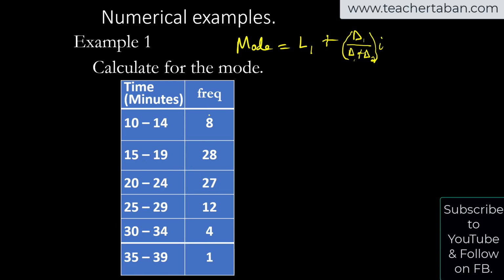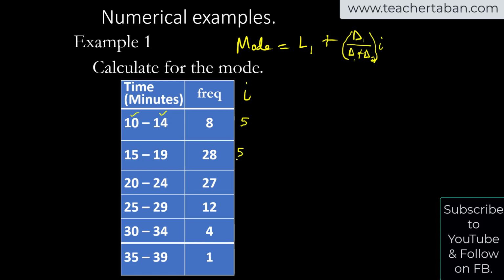So how do we get the modal class? Since we can have tables with equal class width and unequal class width, when getting the mode we take that into account as well. Let me begin with the class width here, from 10 to 14. What is the class width? Remember, it is 5.